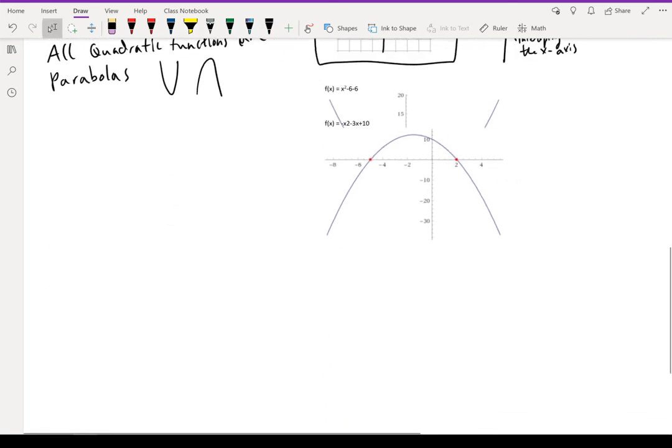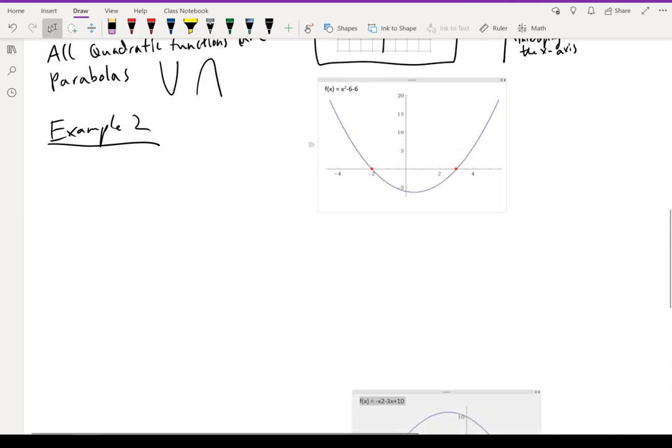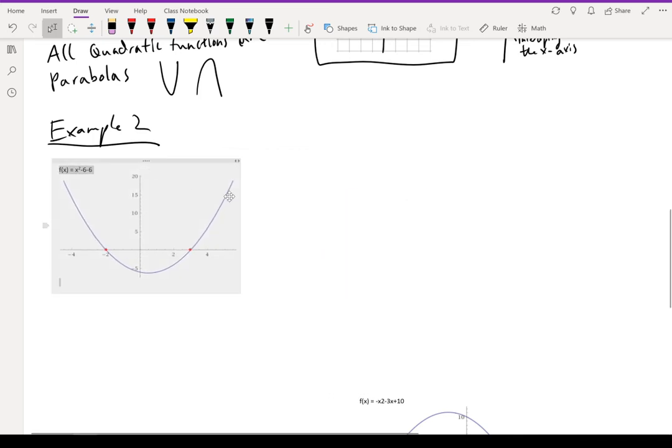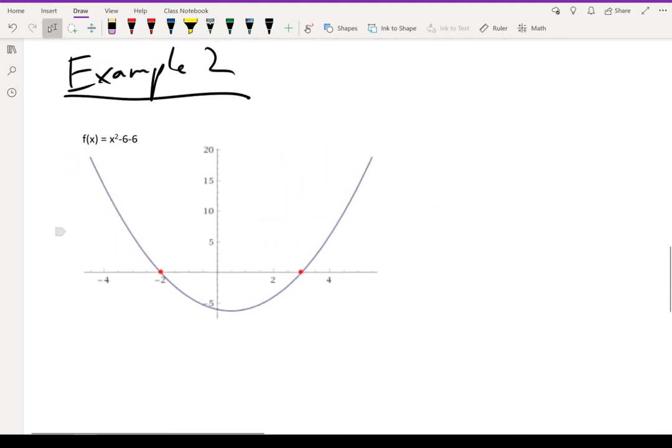Now we're going to go into example 2, for example. Okay, so let's look at this one next. We're going to look at this function right here. I've already put it down and I've kind of graphed it out for you. This is our function where f of x is equal to x squared minus, oh, I left out a 6x.